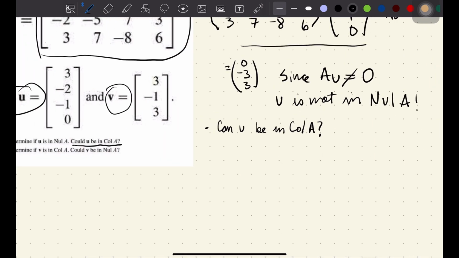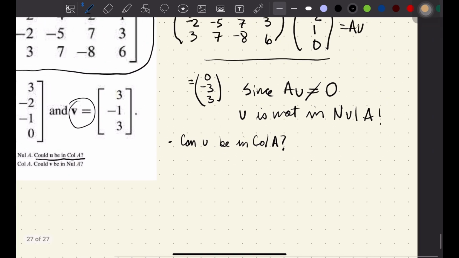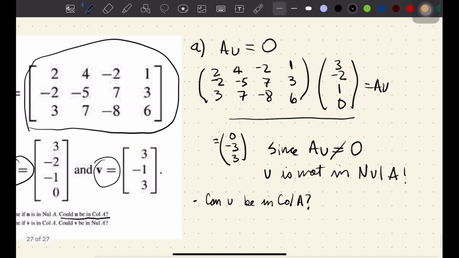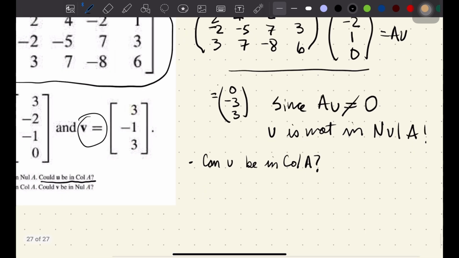For this, we need to check if u can be expressed as a linear combination of the columns of A. So we will need to set up an augmented matrix and perform row reduction to see if there is a solution.